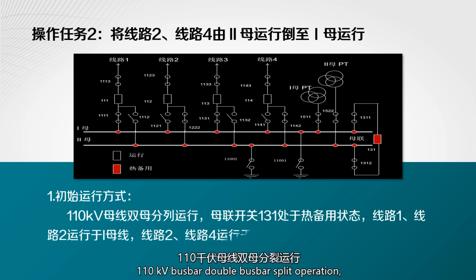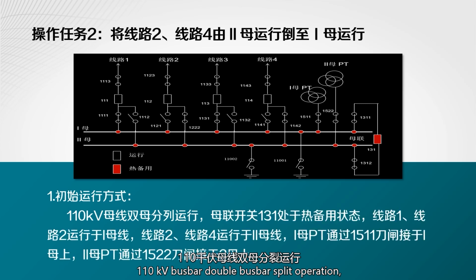110 kV busbar double busbar split operation. The busbar tie switch 131 is in the hot standby state. Line 1 and Line 2 run on the 1 bus bar. Line 3 and Line 4 run on the 2 bus bar.